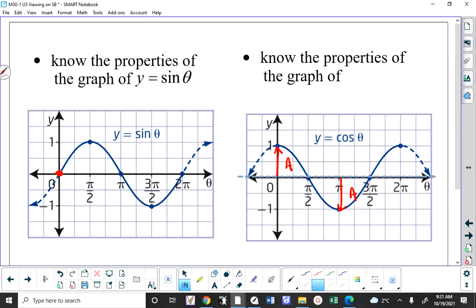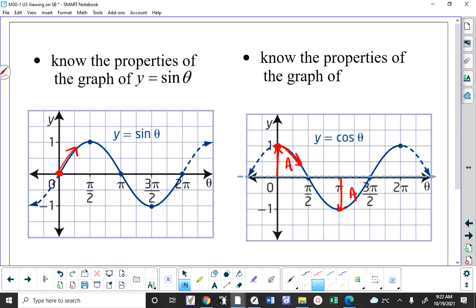Because if we shift things around, the origin is not where it starts. It starts on the line that's the middle horizontal marker for the graph, and it goes up from there. So it starts in the middle and goes up. Cosine, on the other hand, starts at the top and goes down.